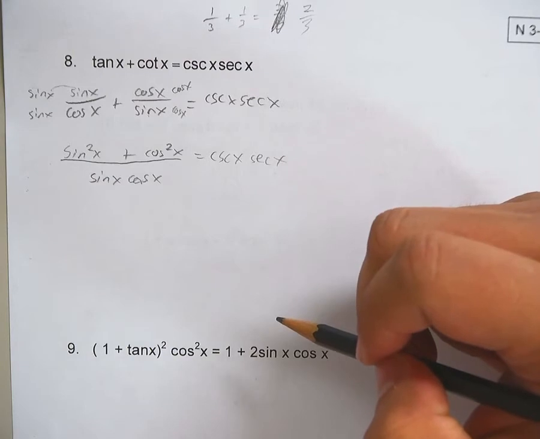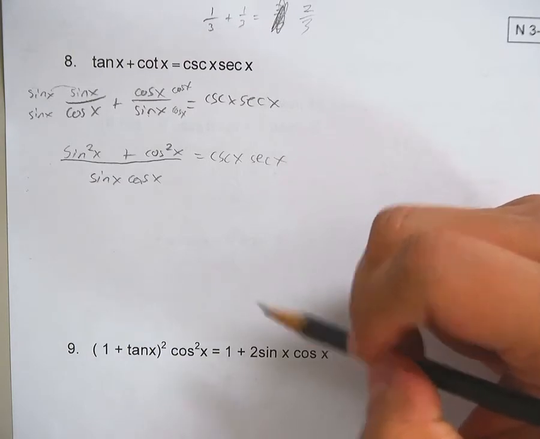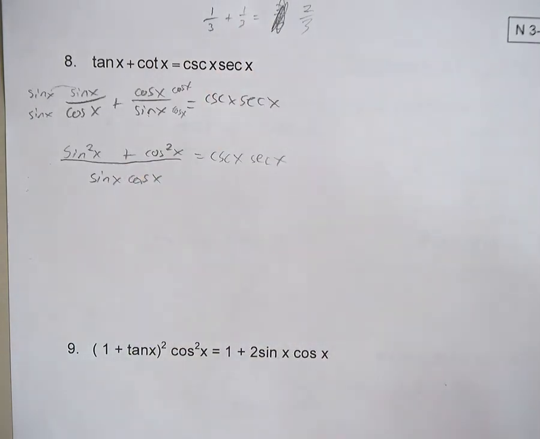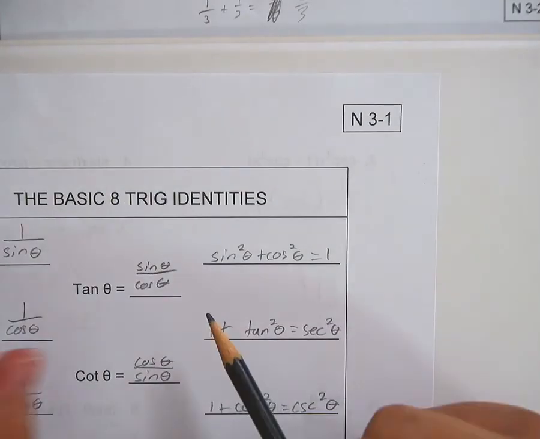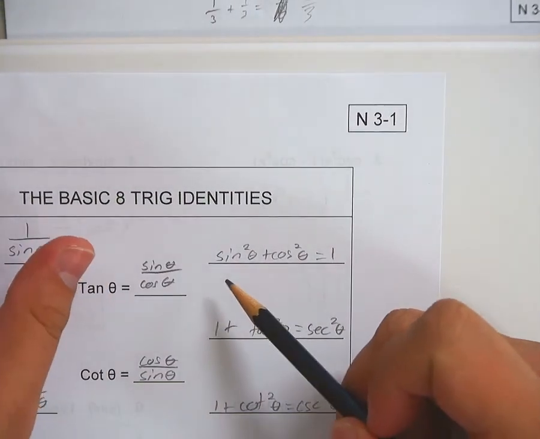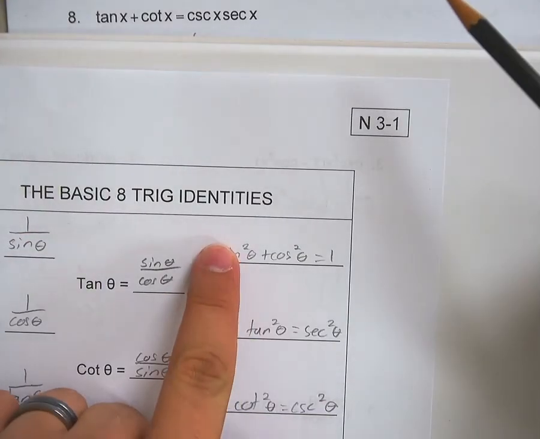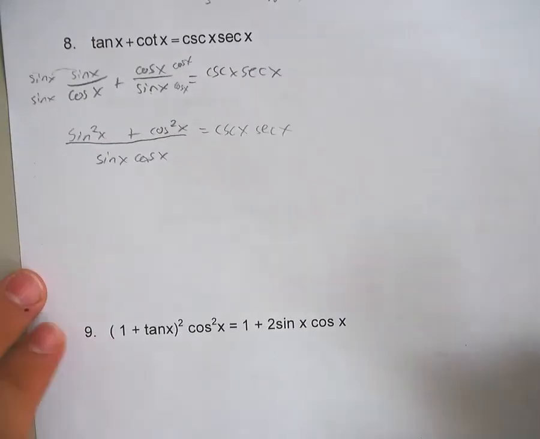Okay. Now this is where it actually gets interesting. Sine squared x plus cosine squared x, that's what I meant. Sine squared plus cosine squared equals 1. My Lanta.